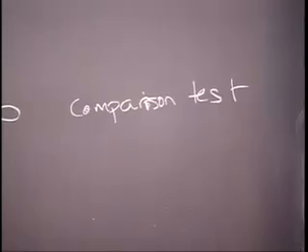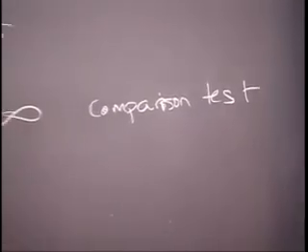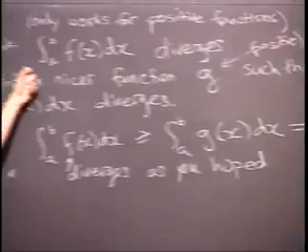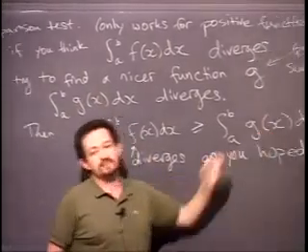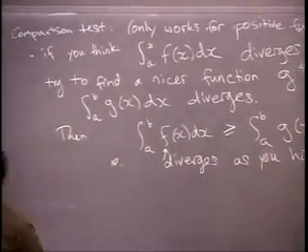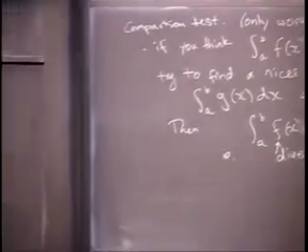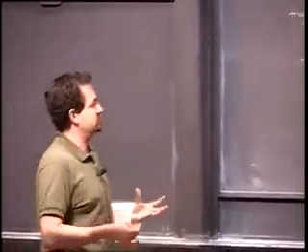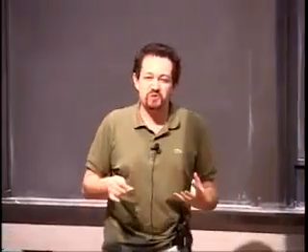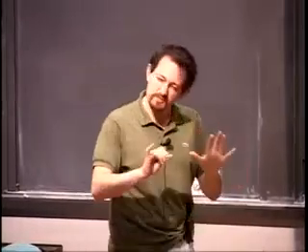Maybe it doesn't diverge. Well, if in fact it converges, then there's no way you can find such a function, and your search will be in vain. Luckily, I'm going to give you, very soon, a sense of how to look for this function g. So for the moment, I'm not telling you. Soon I will.